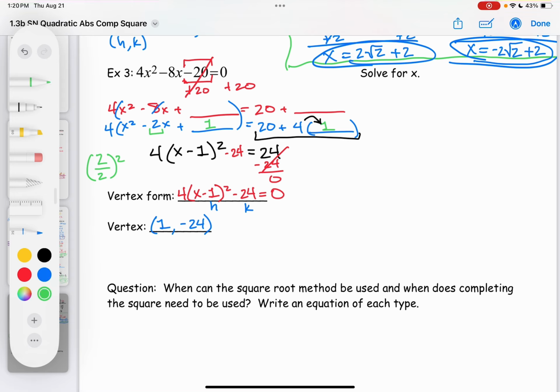And then to solve for my x's, I'm going to take that vertex form and solve for x. Should get 2 answers. Add 24.